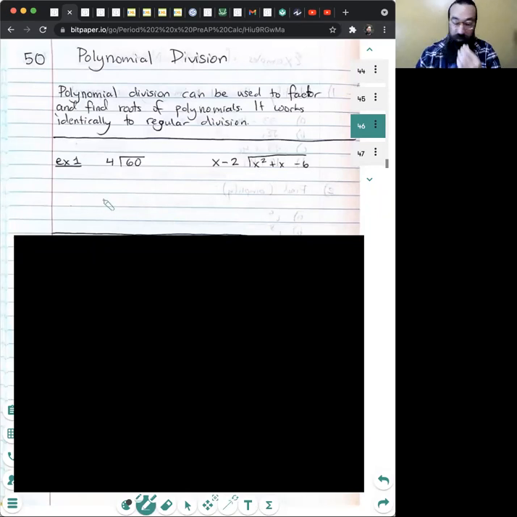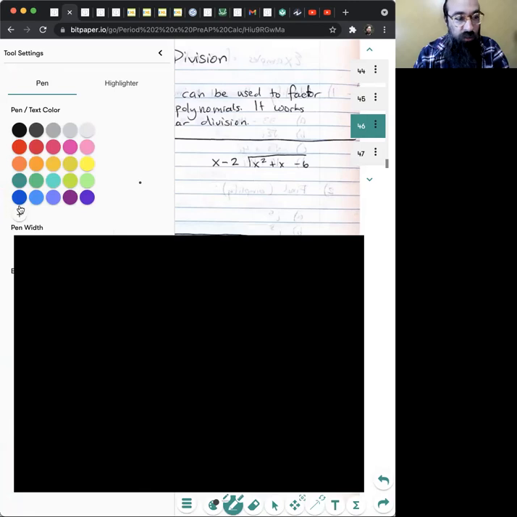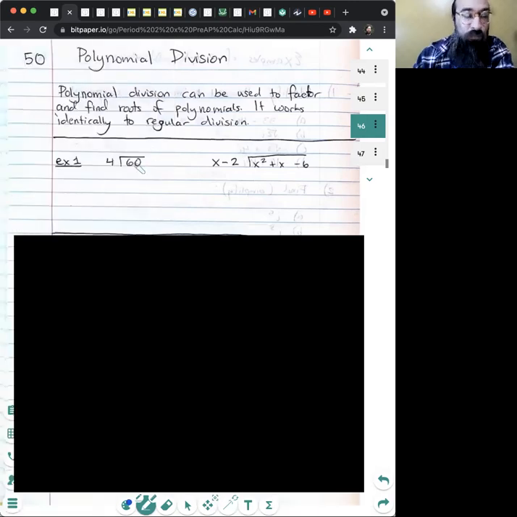So now we're on the first example, and what I want to do is just show how, on this first example, regular division is really the same as this polynomial division. If we were doing example 1 with just these numbers, we would first ask: 4 times what gives us 6?